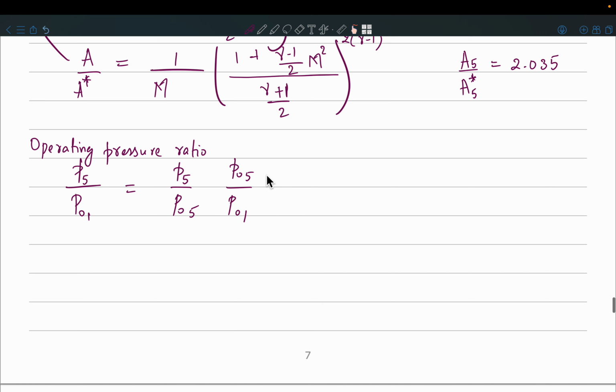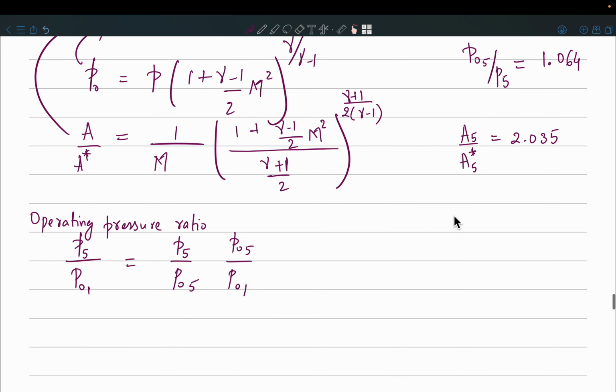I can find this pressure ratio only based on my area ratio, because if you remember, whenever there is a shock, across the shock, P0 downstream of the shock and A star downstream is equal to P0 upstream of the shock and A star upstream, isn't it? That's why I need my area ratios here. So I'll multiply P05 by A5 star.